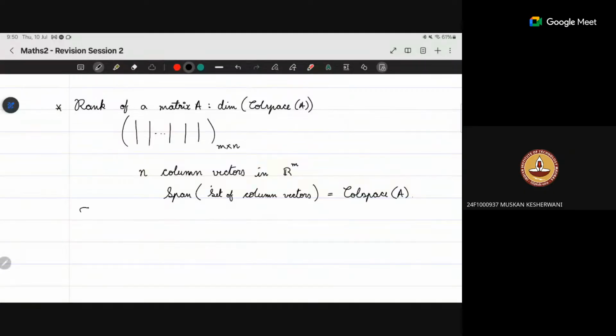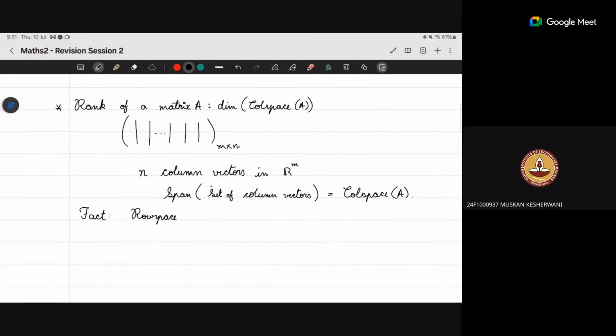Similarly, you can have the row space, which is once again, by definition, the vector space spanned by the row vectors. Now for the row vectors, the situation is different. These vectors are in Rn and there are m of them.